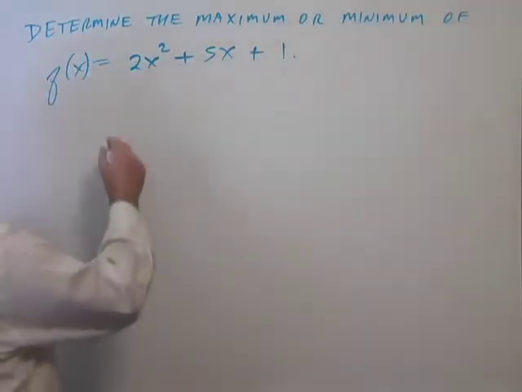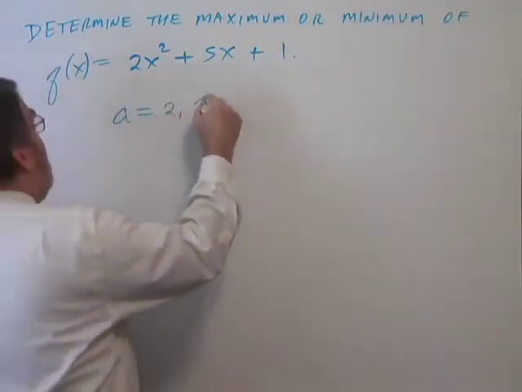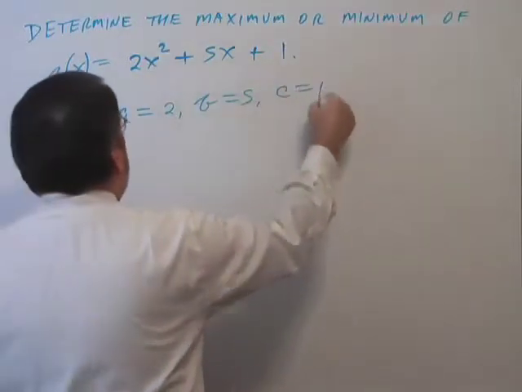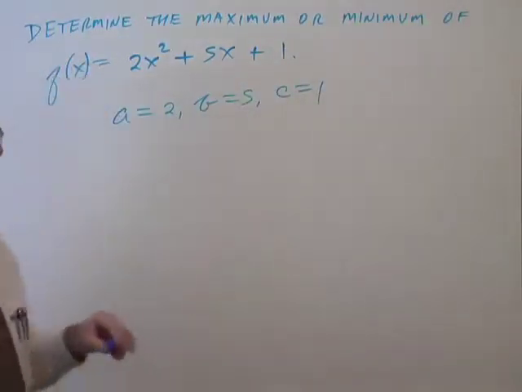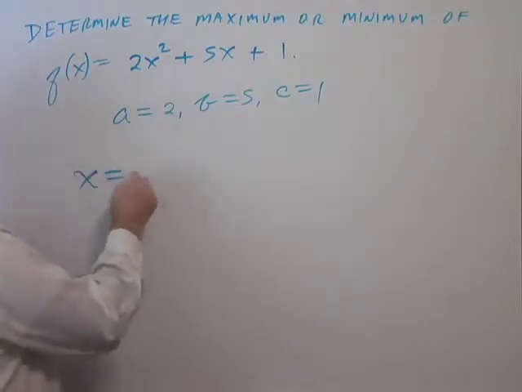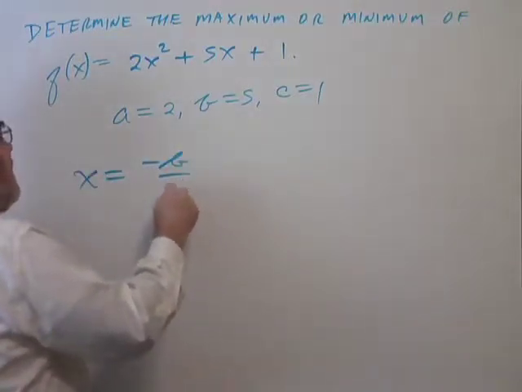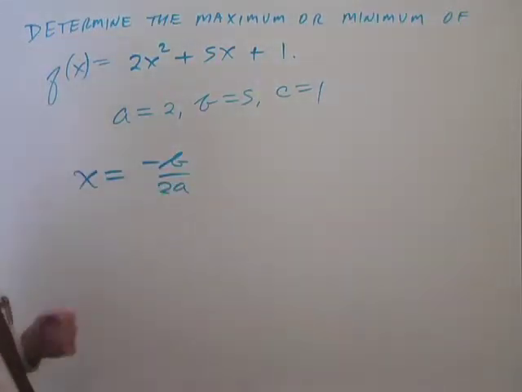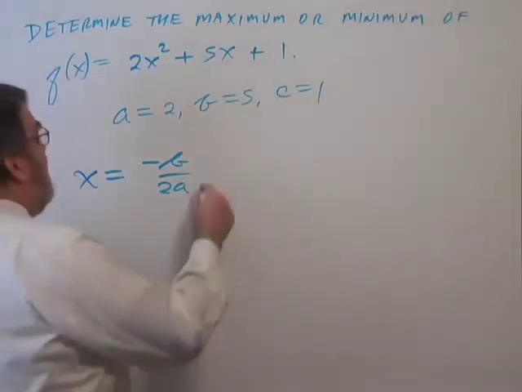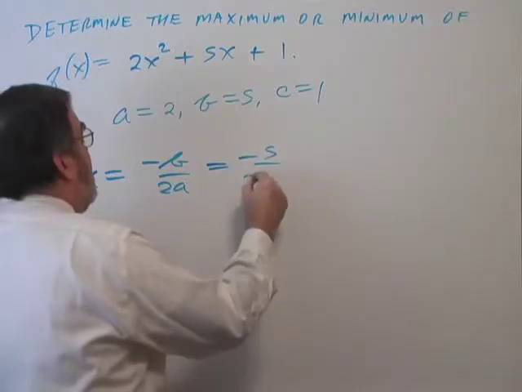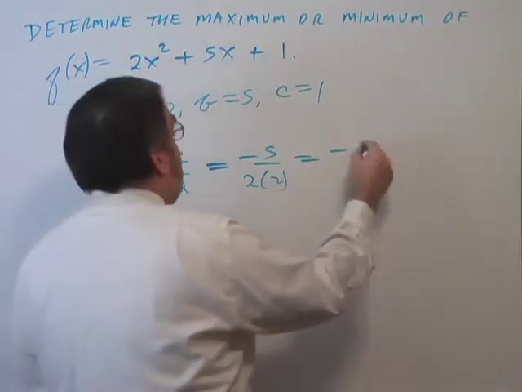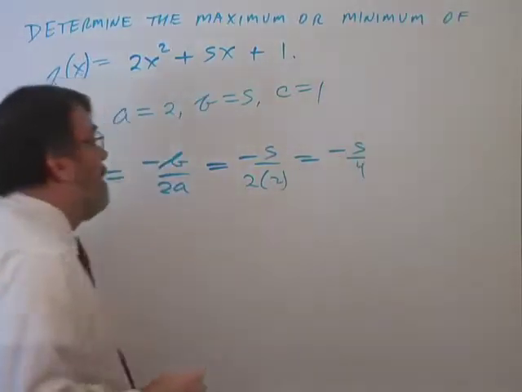Anyway, A would be 2, B is 5, and C is 1. I really don't need C because the little formula we derived for finding the vertex doesn't use C. It just uses B and A. So when I plug these numbers in, I get minus 5 over 2 times 2, which is minus 5/4.